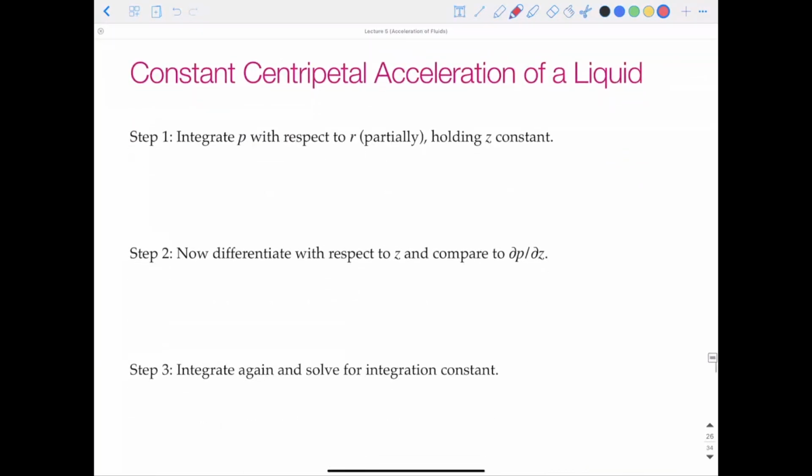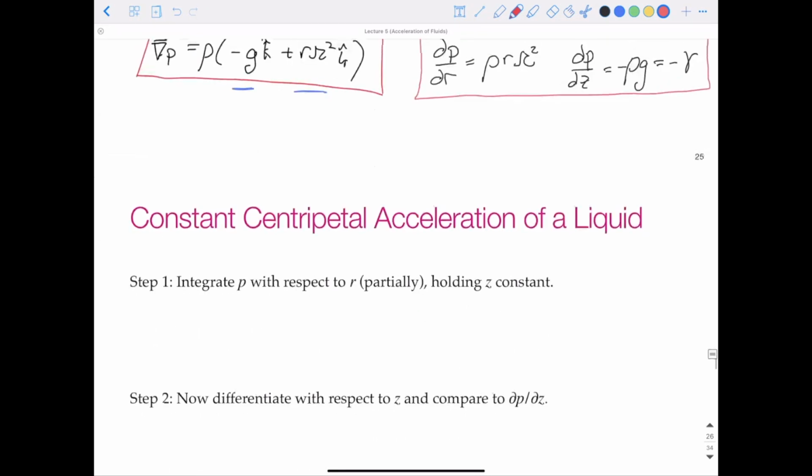So there's 3 steps to do this. The first step is we're going to take our derivative dP dr, and we're going to integrate that with respect to r. And we're going to hold the z coordinate constant. So we're integrating P with respect to r partially, and by partially I mean we're just going to hold z constant. So we have dP dr is equal to rho r omega squared.